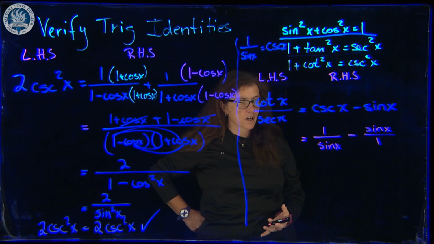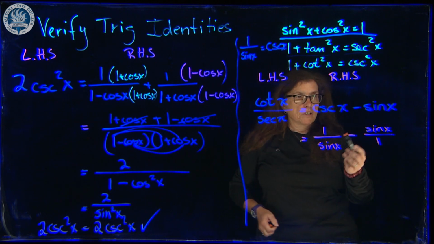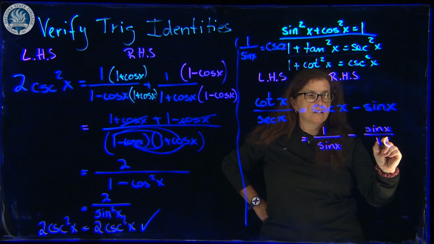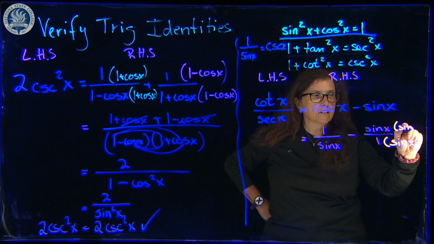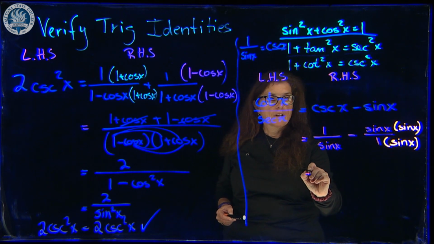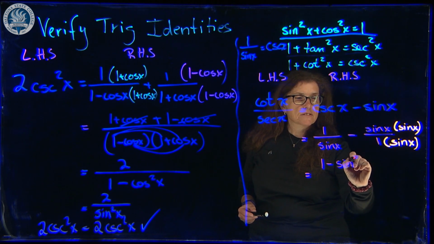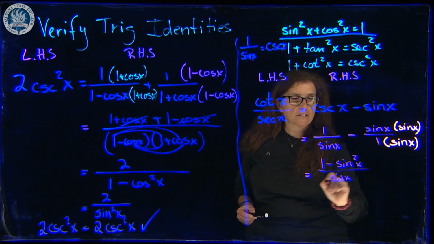So here I have a fraction, the same spiel like we had before. We need to have the same denominator, so the 1 has to be multiplied by sine of x. Okay, let's see what happens here. We get 1 minus sine squared of x all over sine of x.